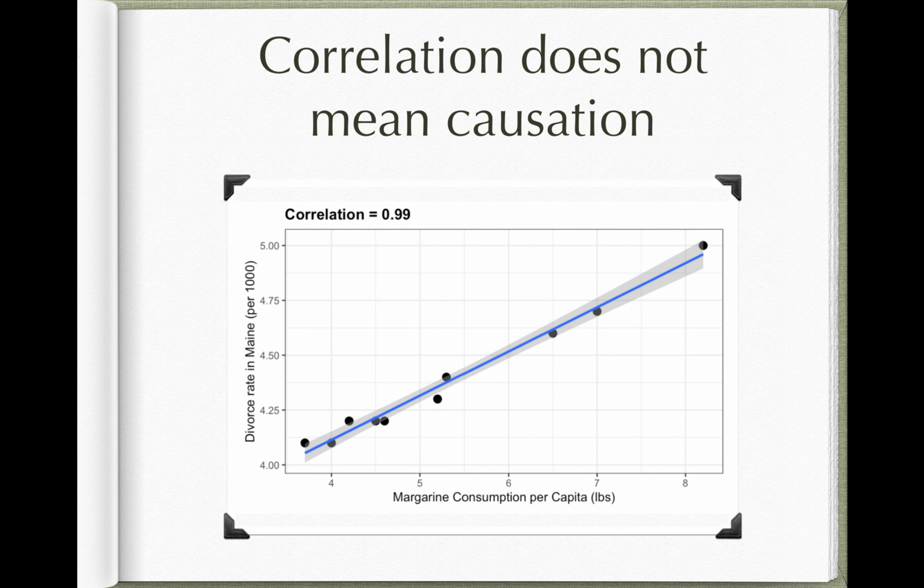So this correlation assumes that the more margarine you consume, the higher the divorce rates will be in the state of Maine, which makes no sense at all. So it's important that you understand that correlation is an association between the variables, but not a causal relationship or causal effect at all.